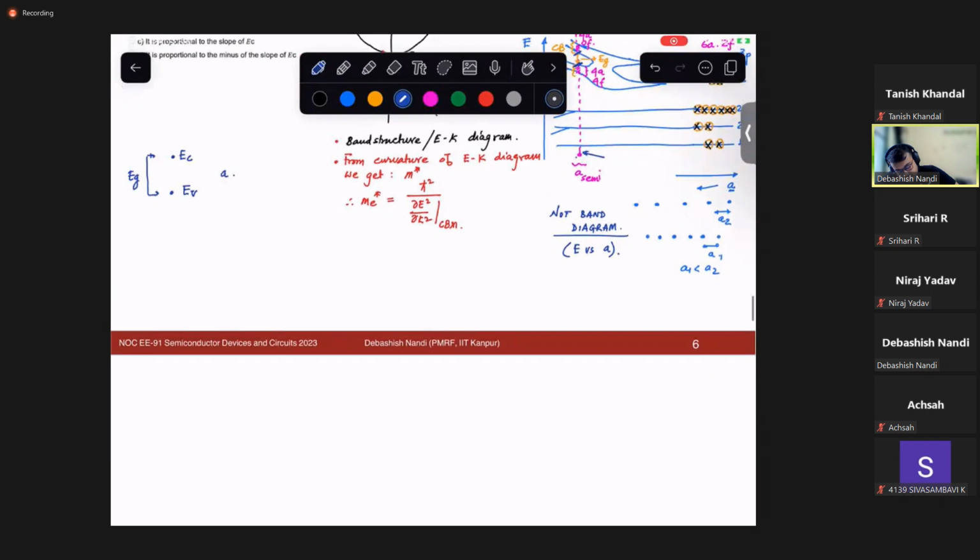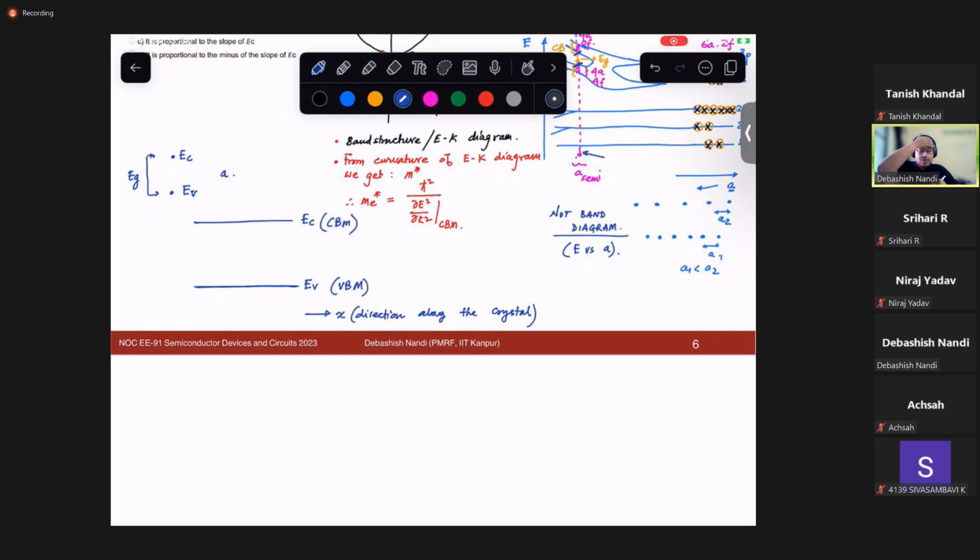This is my EC, this is my EV, this is my X direction, distance along the crystal. This is my valence band maxima, this is my conduction band minima.